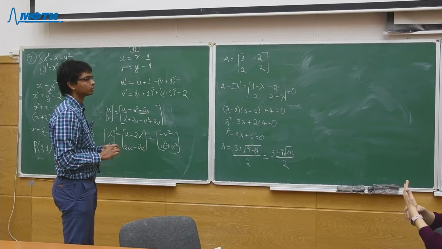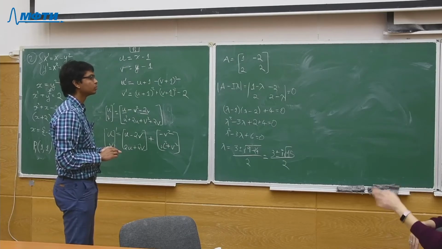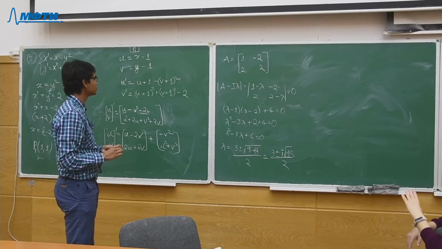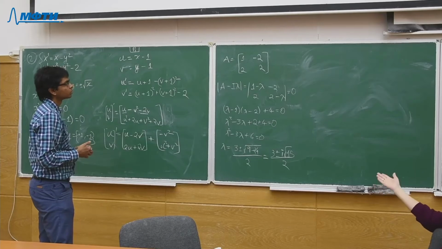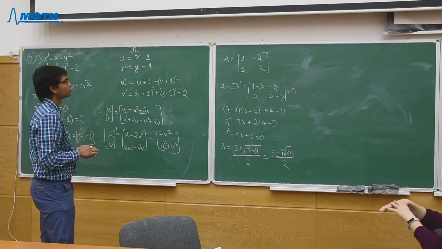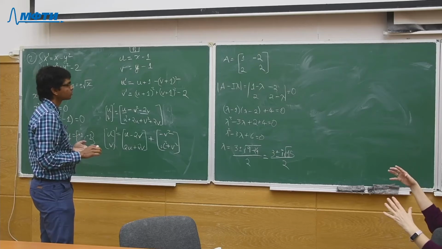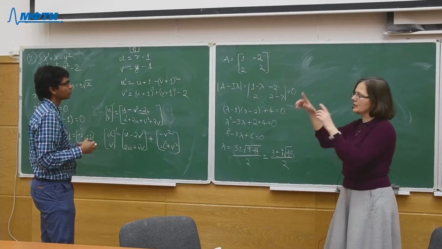It may be a spiral source, spiral sink, or a center, when it is purely imaginary. But now it is an unstable point, so it is a source, since the real part is greater than 0.